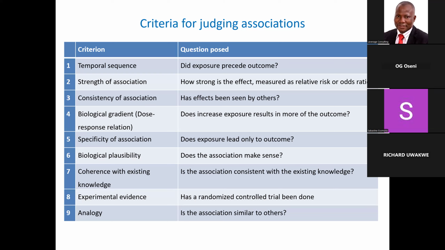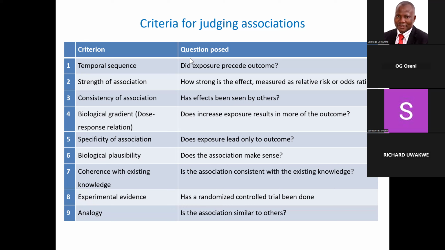So an intelligent man in the UK, I've forgotten the name, but I think I have it in my document, was the one that did this work and came with these 9 criteria for judging association. And these 9 criteria are arranged according to importance. The most important comes first, followed by the least important, which is the last one.